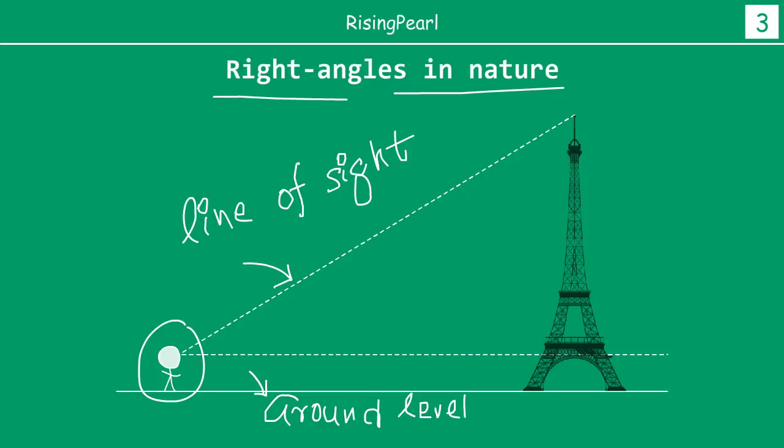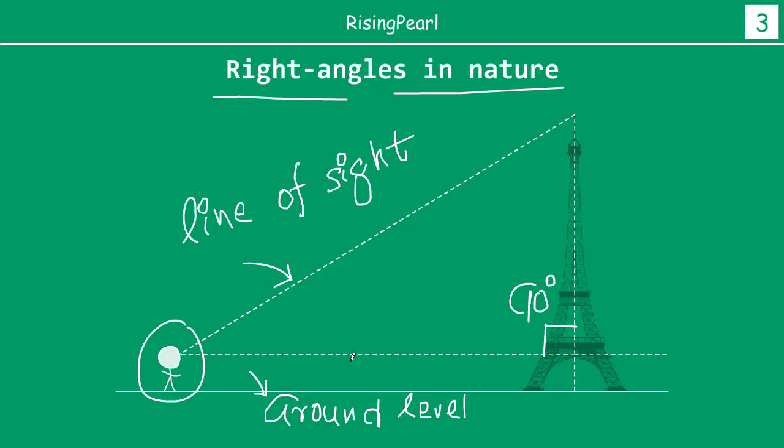And then I can imagine that right through the middle of the Eiffel Tower, I can have an imaginary line like this, which goes right through the middle of the Eiffel Tower, all the way to the ground. So friends, as you can see, this angle is 90 degrees.